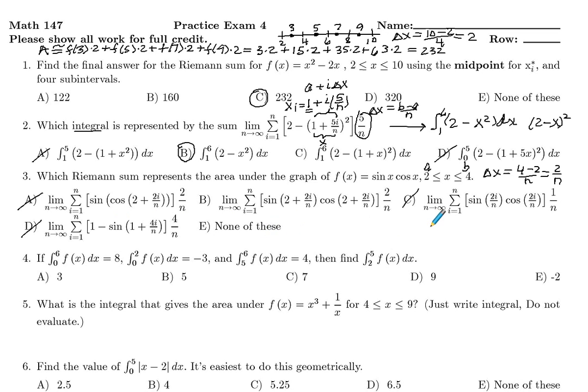Okay, what next? Well, what you're plugging in for your x there, when you do the limit, is xi. And remember that x of i is a plus i times delta x. And here we know what our a is. It's 2 plus i, and then our delta x right here, 2 over n, which is the same thing as 2 plus 2i over n.